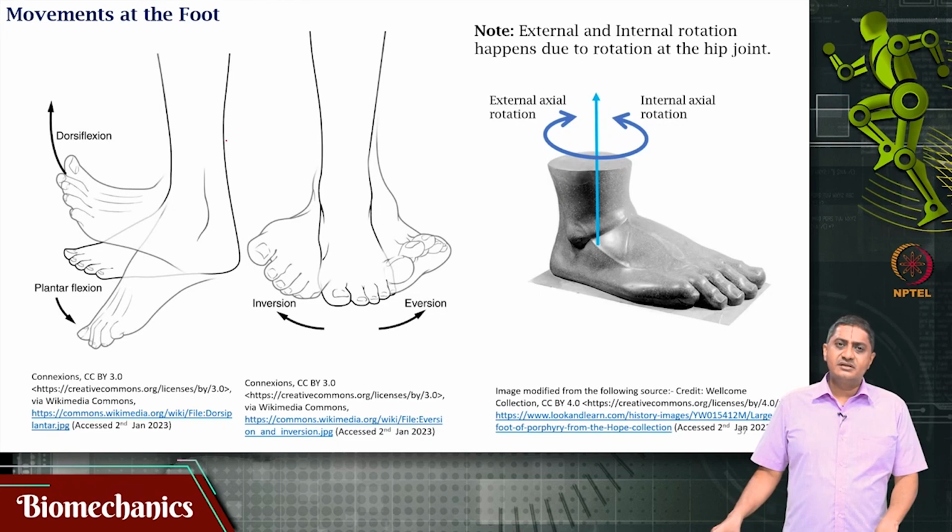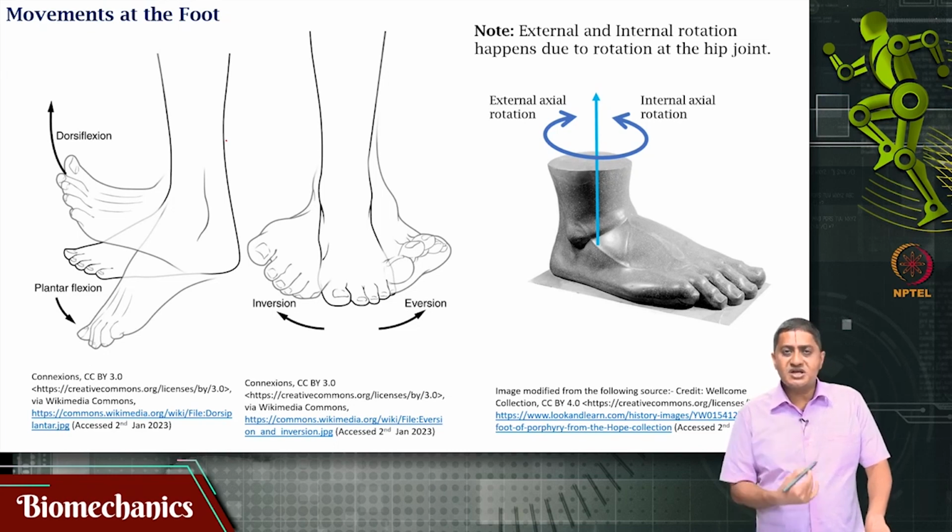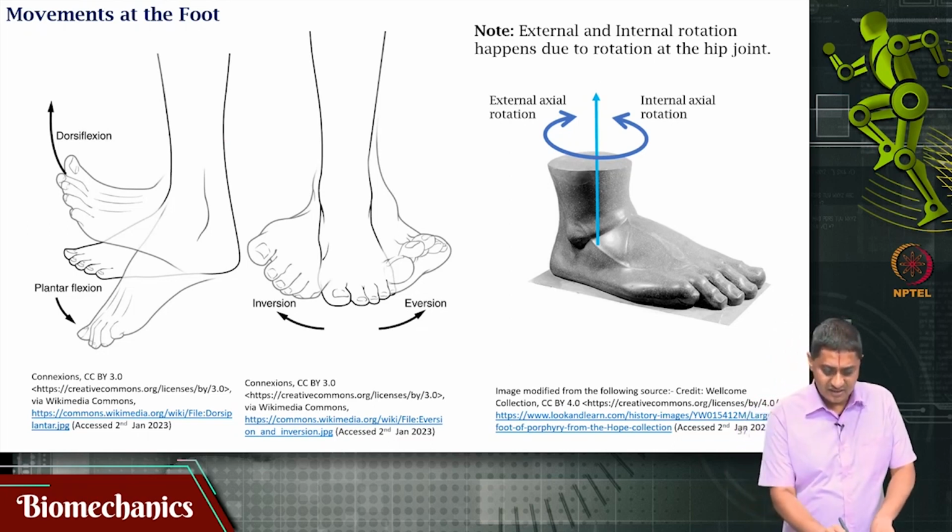Now, let us look at the movements that happen at the foot. When the ankle moves or when the foot moves such that the big toe or the toes of the foot are moving towards the front side of the shin, front side of the lower leg, or in other words towards the anterior side of the leg, such that this is where the foot is originally, and this is the leg.